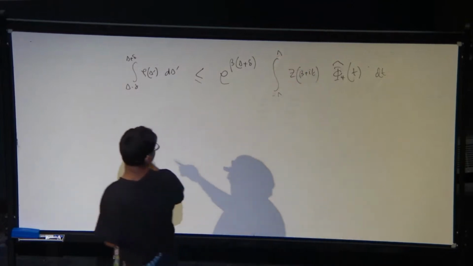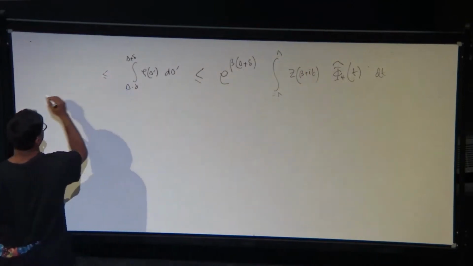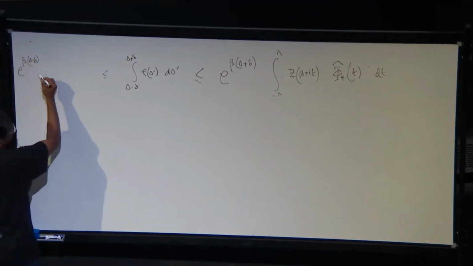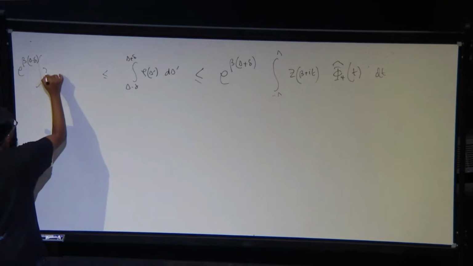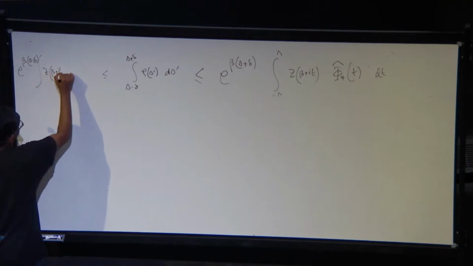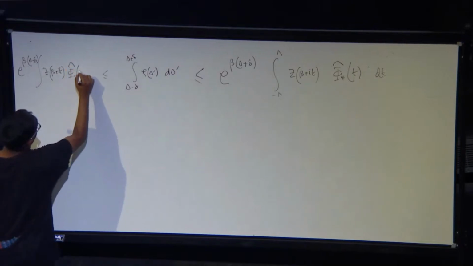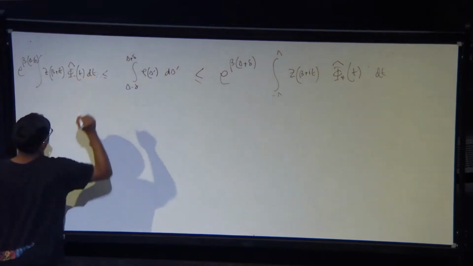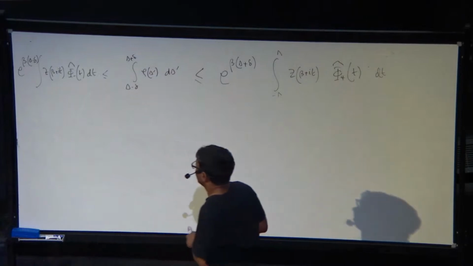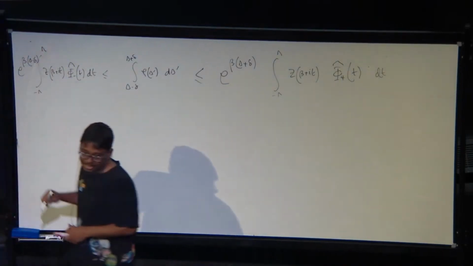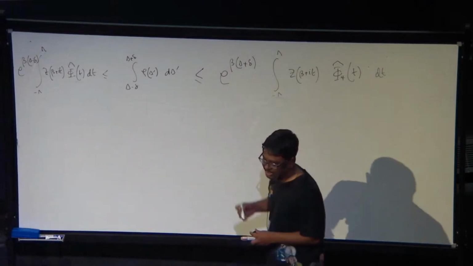And on this side, this looks like the same integral, but instead of phi plus, you convolve with phi hat minus t dt. And as I was saying, these integrals are well defined on both sides.